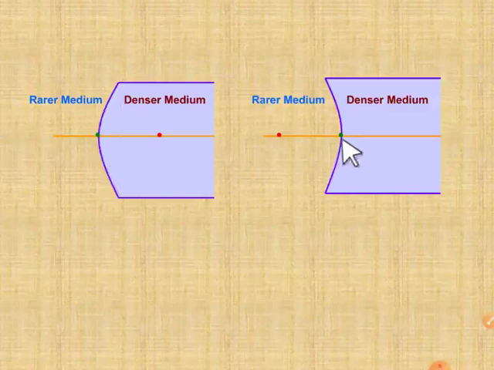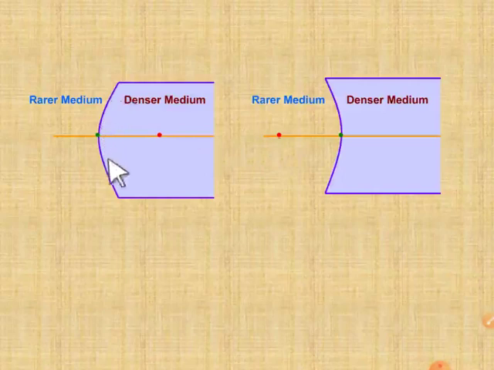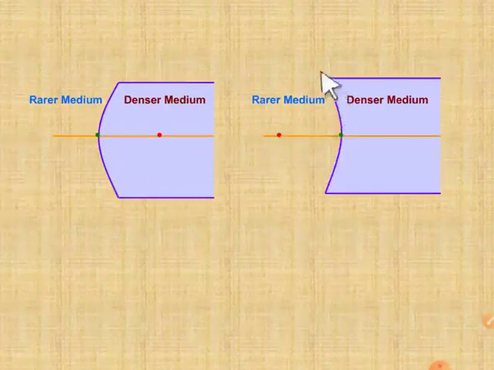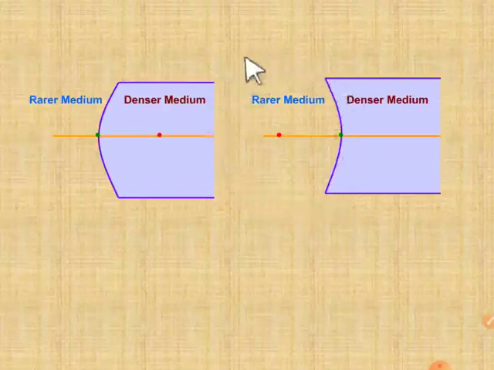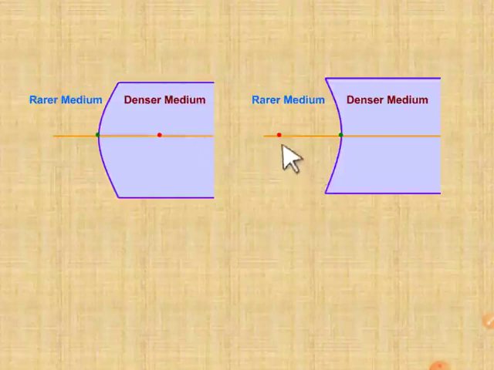Here also this green point is known as the pole of this convex refracting surface, and these red points are nothing but the centers of these spherical surfaces. Got it? For this concave one also, if it had been a spherical surface like this, then this would be the center of that spherical surface.